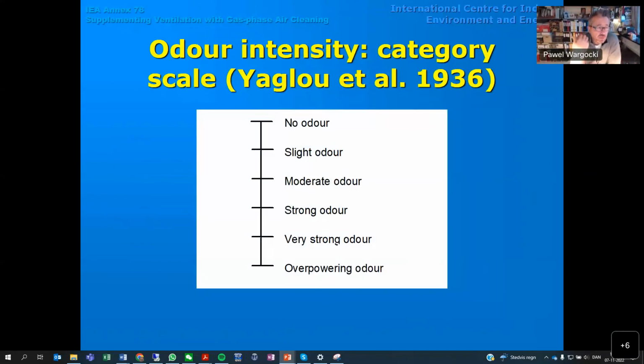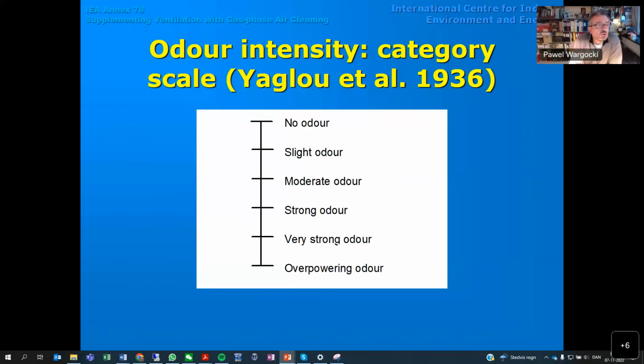Often the acceptability assessments are accompanied by measurements of odor intensity, and odor intensity will tell you how strong the odor is. There are several reasons for that. I don't have much time to go into details, but one is historical, because that was one of the first scales used for determining ventilation requirements as we see them today.